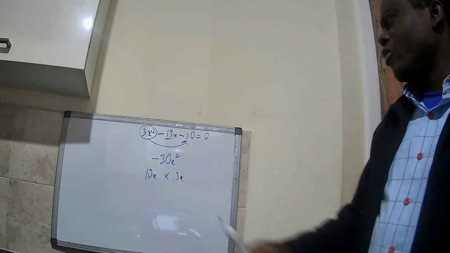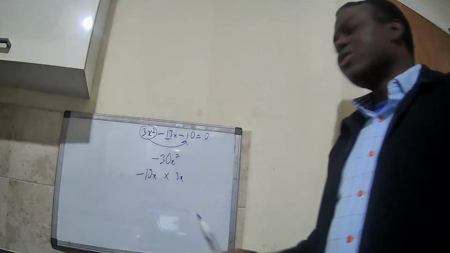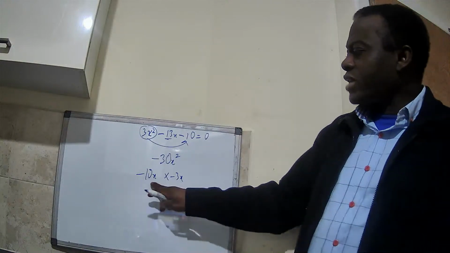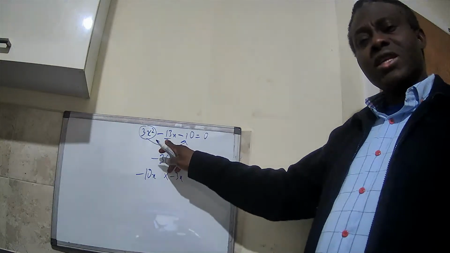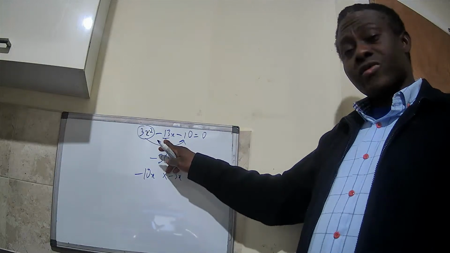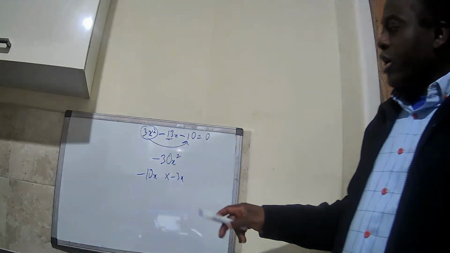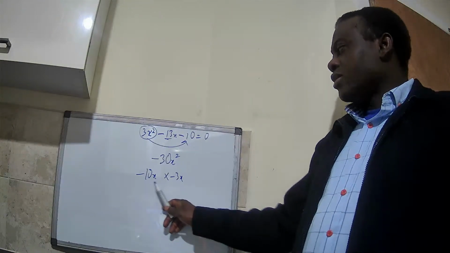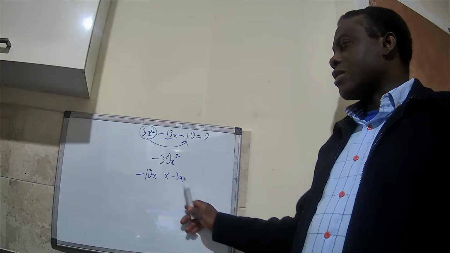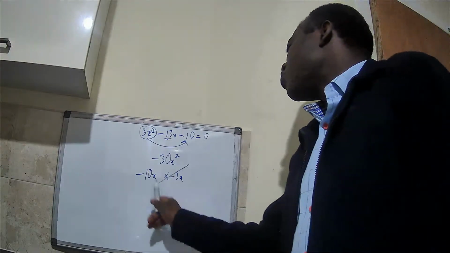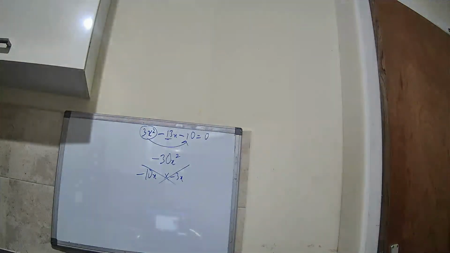To get minus 13, if we put minus 10x and minus 3x, then minus 10 minus 3 gives us minus 13x, which satisfies the middle coefficient of x. But minus times minus gives you plus, so 10 times 3 is 30, x times x squared gives you plus 30x squared, which means this is wrong. So let us look for another number.